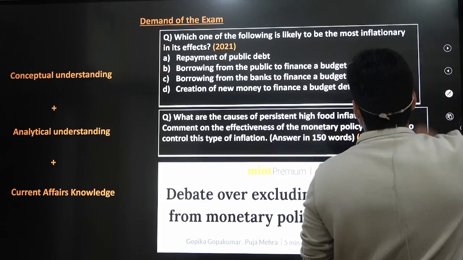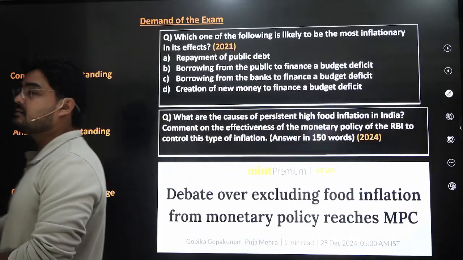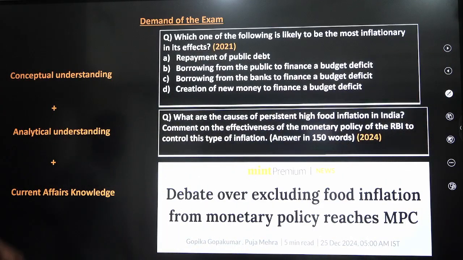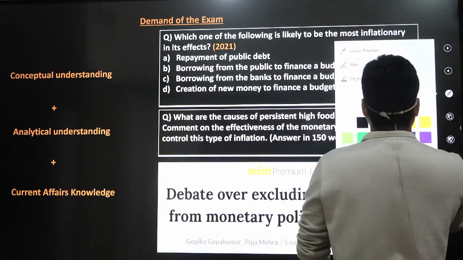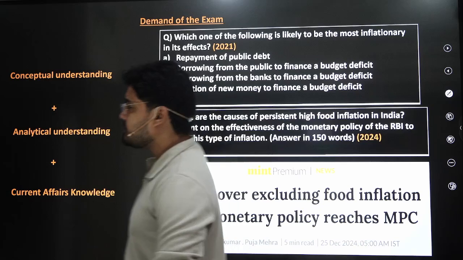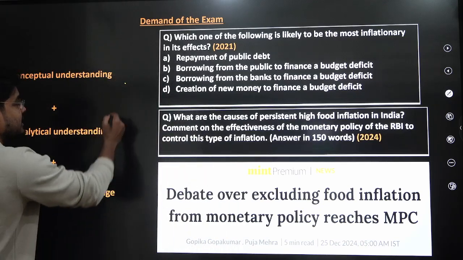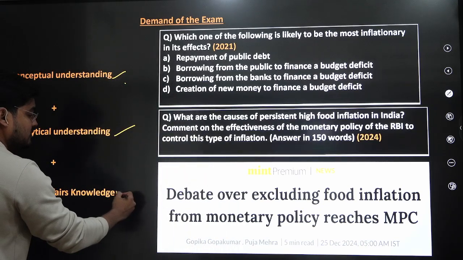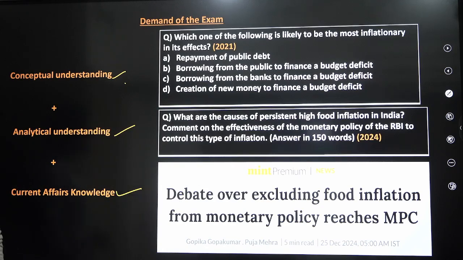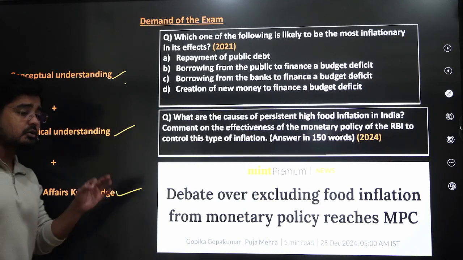UPSC is going to demand three important aspects from you at three different levels: conceptual understanding, analytical understanding, and your current affairs knowledge. These three dimensions are going to be tested.